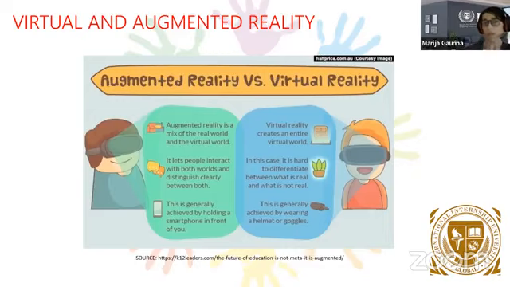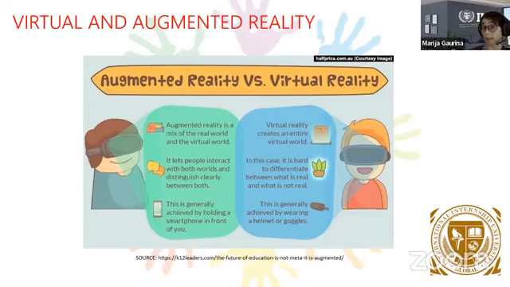As you can see, augmented reality is a mix of the real world and the virtual world, and it lets people interact with both worlds and distinguish clearly between both. This is generally achieved by holding a smartphone in front of you. And on the other side, in this blue box, you can see virtual reality.